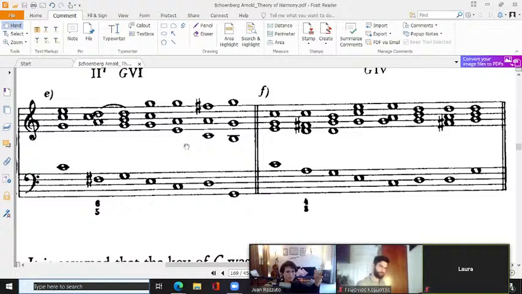Look at it, give importance. I gave importance, you should also. It's like a secret code between composer and performer. If you don't pay attention to those things, then the intention of the composer would be lost.